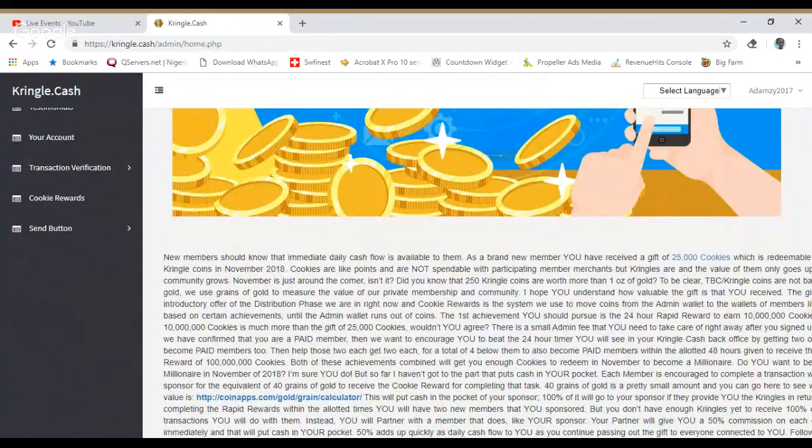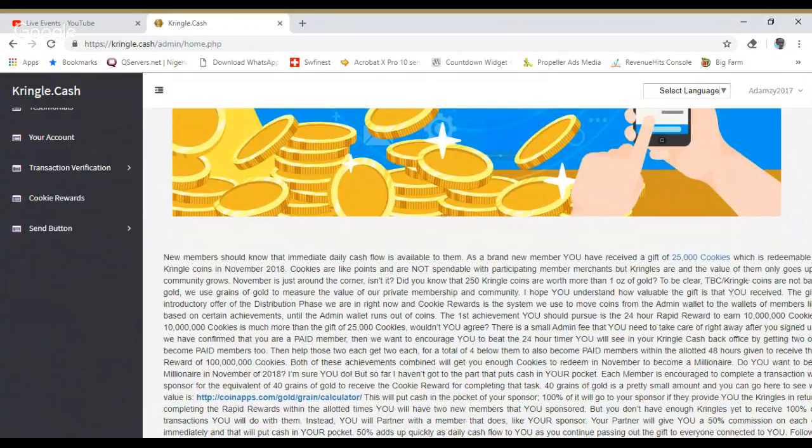The cookies are like points and are not spendable with participating members and merchants, but Kringles are, and the value of the community grows. November is just around the corner. Isn't it? Do you know that 250 Kringle coins are worth more than 1 gold?